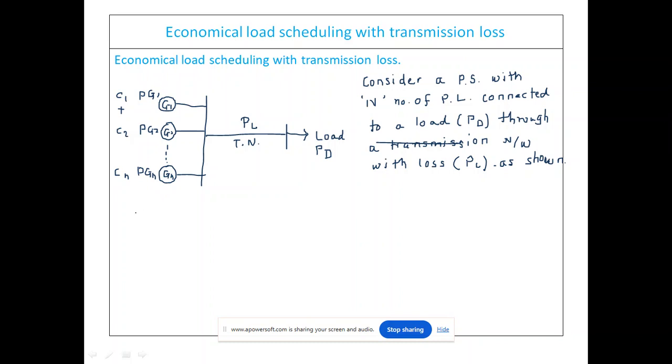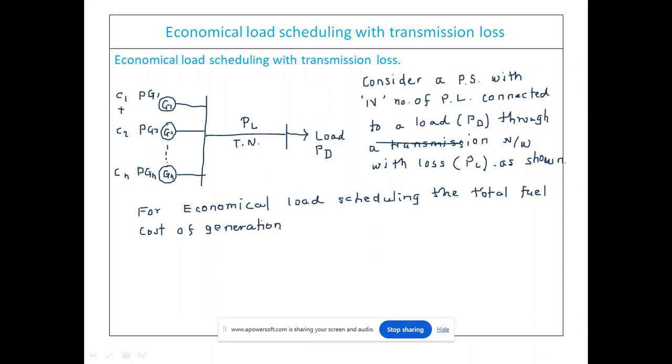So for economical load scheduling, the total fuel cost of generation should be minimum.